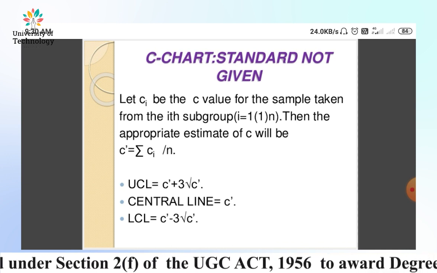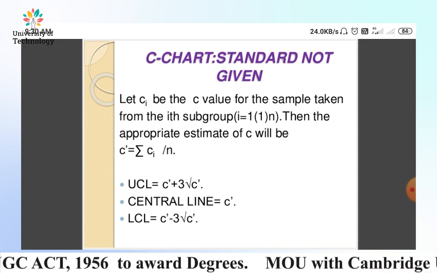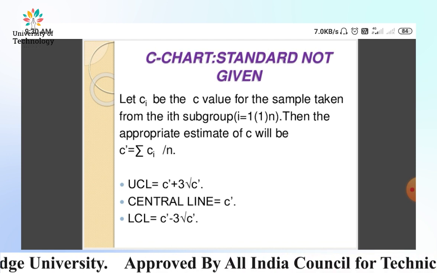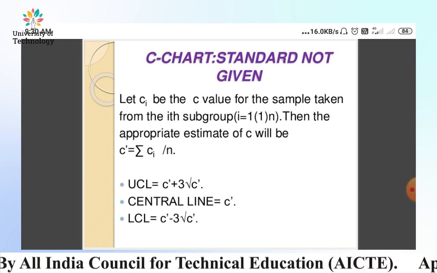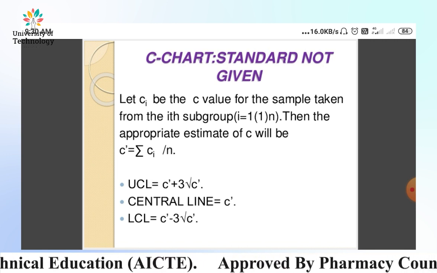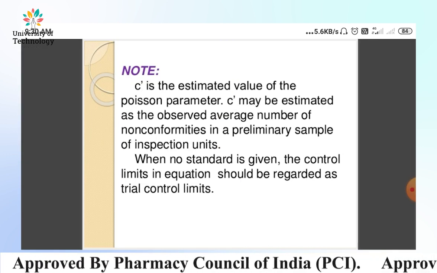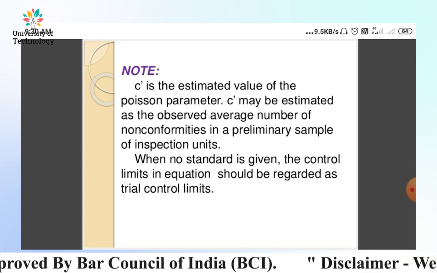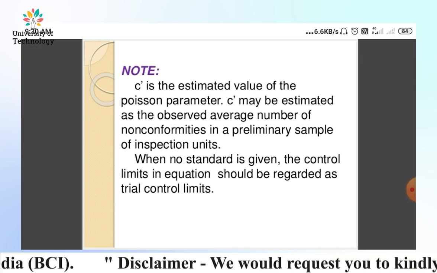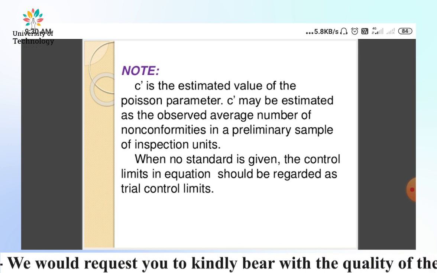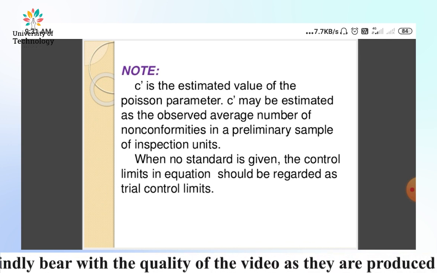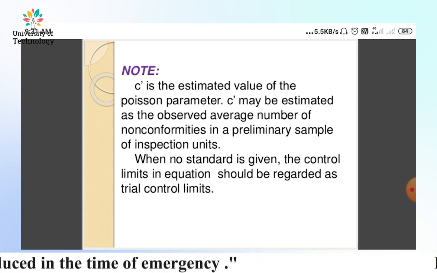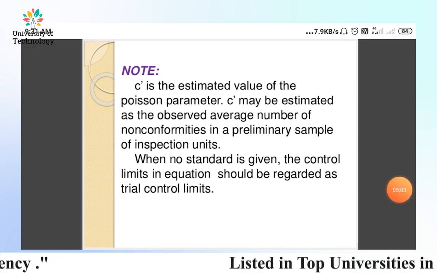The upper control limit is equal to C dash plus 3 root C dash, the central line is equal to C dash, and the lower control limit is C dash minus 3 root C dash. C dash is the estimated value of the Poisson parameter. It may be estimated as the observed average number of non-conformities in a preliminary sample of inspection units. When no standard is given, the control limits should be regarded as trial control limits.